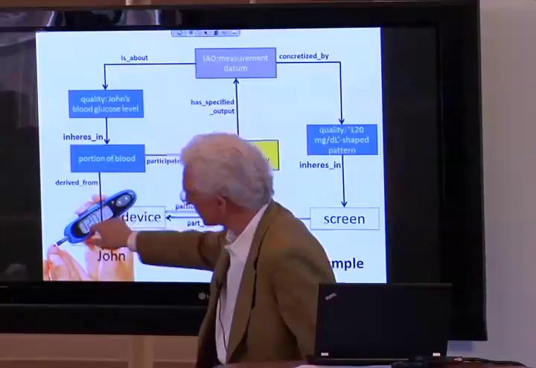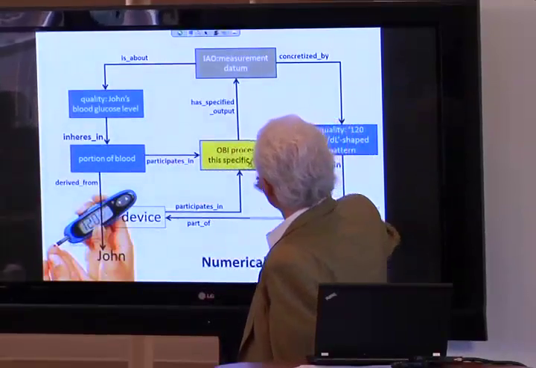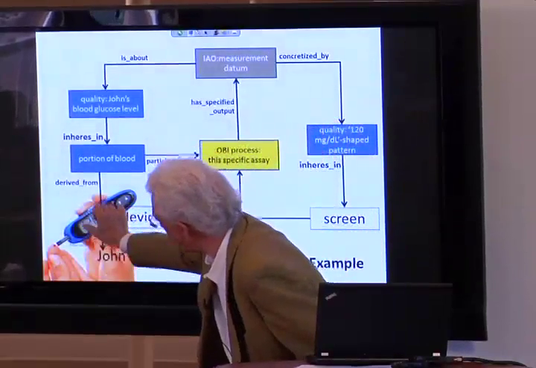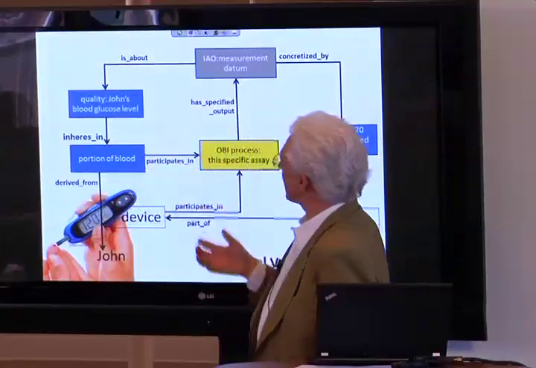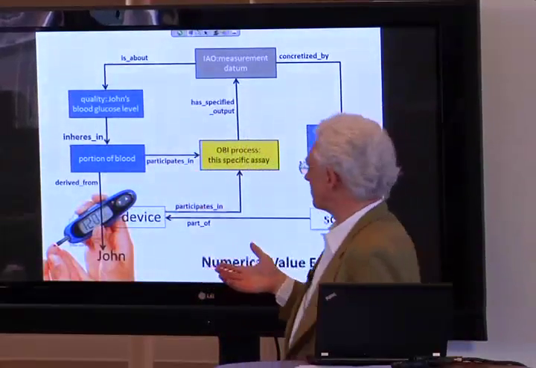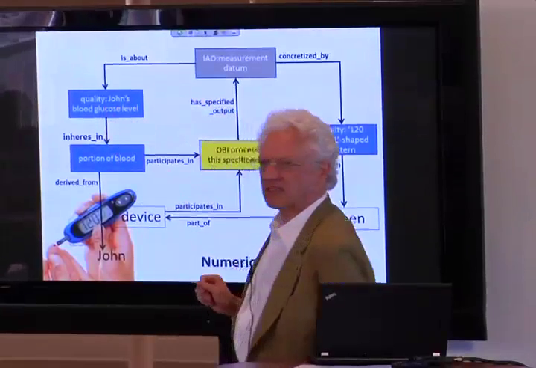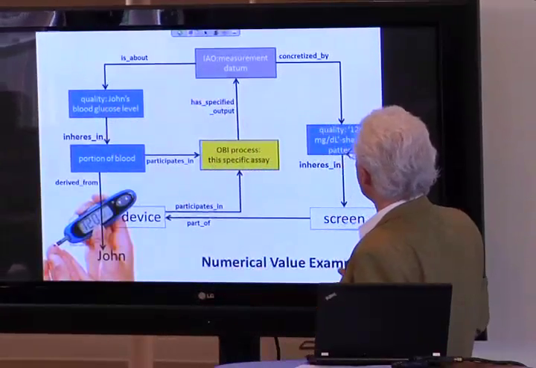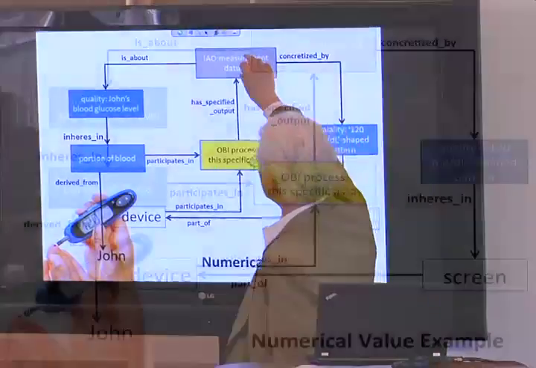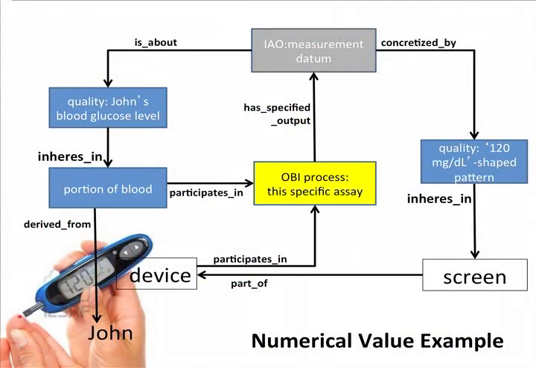This is the screen of the device. And this screen here communicates to us a measurement datum. The measurement datum is about the quality, which is John's blood glucose level. Now, the measurement datum could exist on a different screen, or it could exist in speech, or it could exist on my laptop.